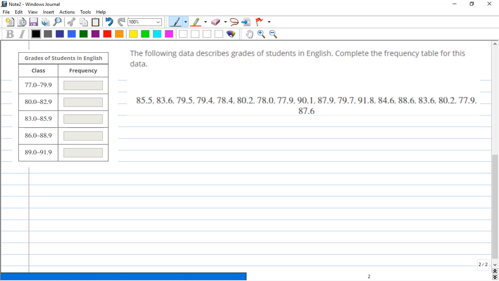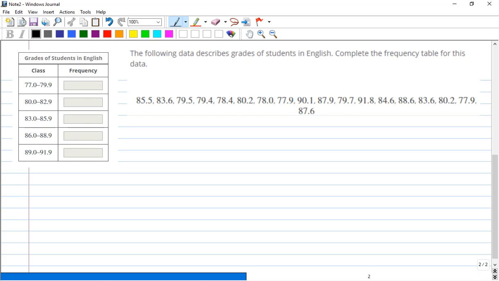So this is really easy because all we do is take a class and count the number between the lower class limit and the upper class limit, and then we put that number as the frequency.